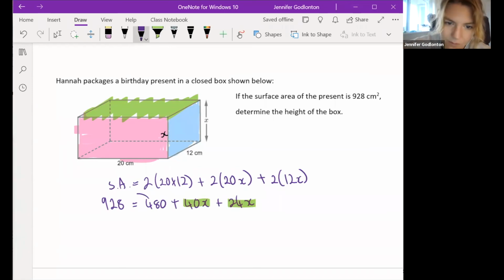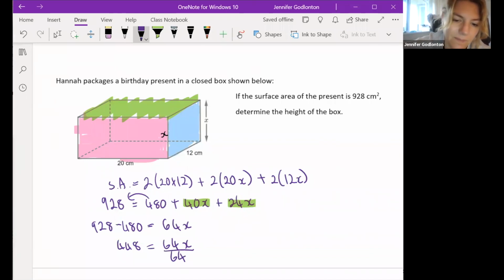We're going to say 928 minus 480 equals 64x. And here on the side it's going to be 448, and it equals 64x. Then we divide both sides by 64, and our x will be 7.